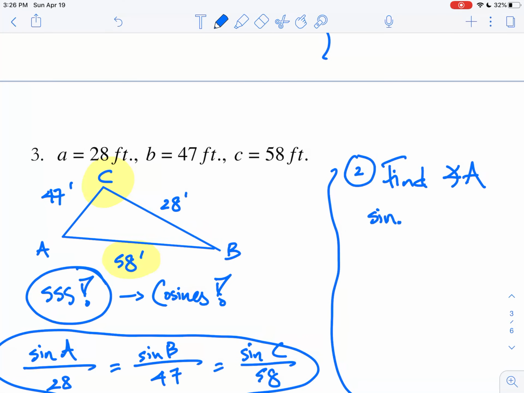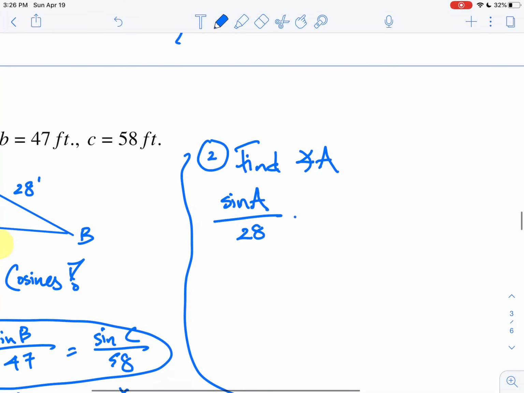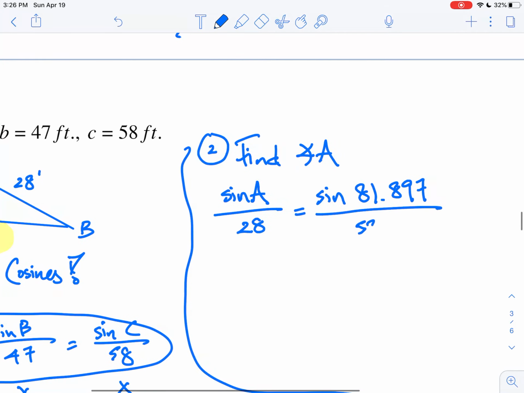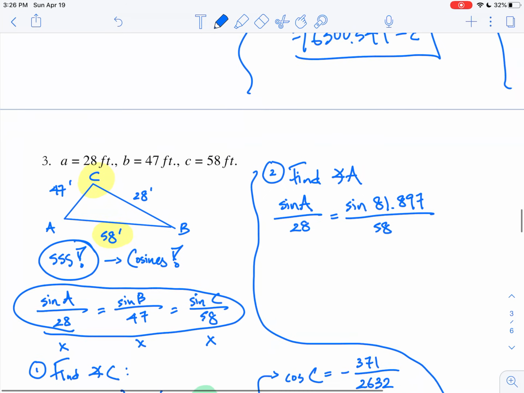So I'm going to start off with sine A over 28 equals sine of my angle C, which is 81.897, divided by little c, which is 58.